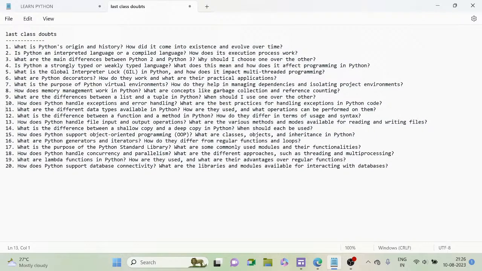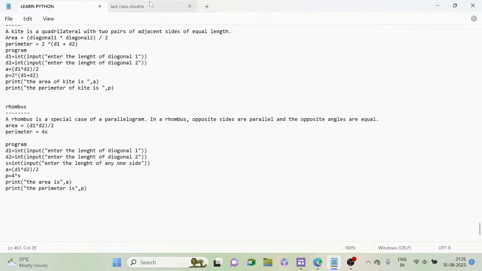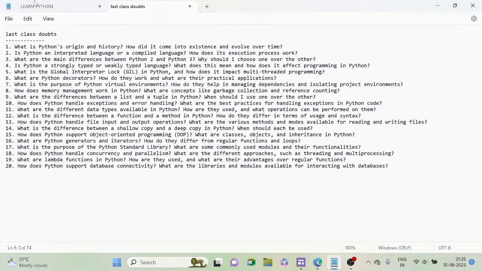First, what is Python's origin and history, how did it evolve over time? Python was named after a flying circus, and its developers were Guido and Rossum.